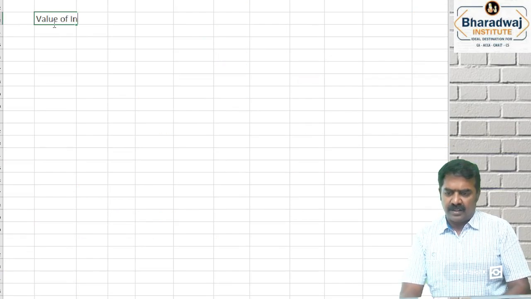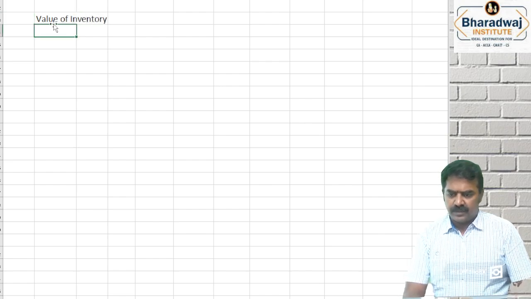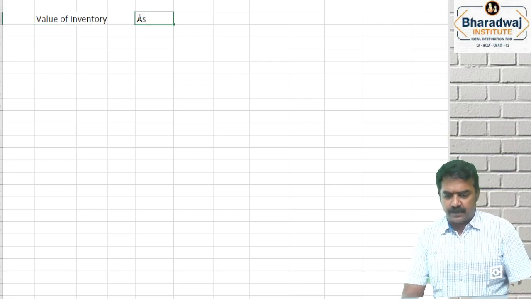Value of inventory. The principle is as per Accounting Standard 2, cost or NRV, whichever is less.